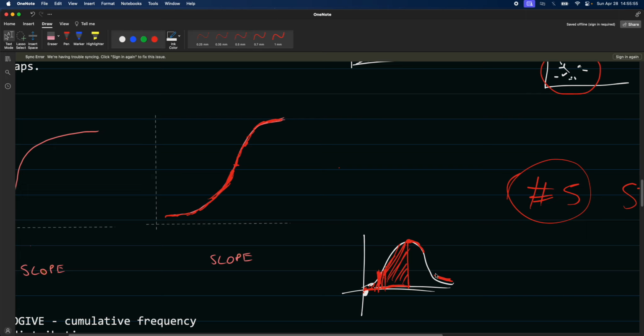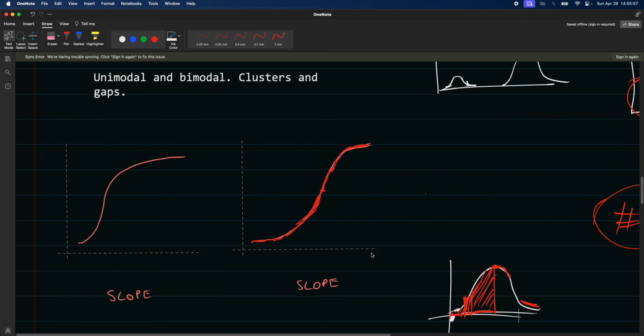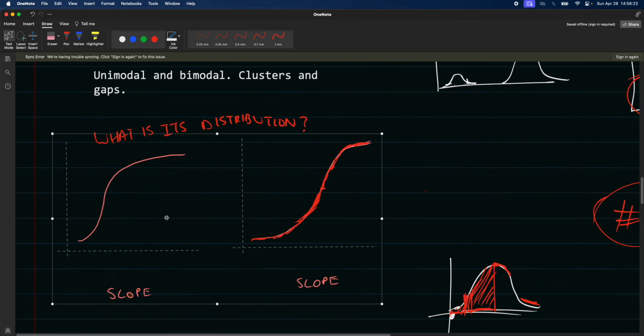To end this video, I'll just leave you with the question: given this ogive, what is its distribution? Okay, so that's the last question. And again, the best way to interpret an ogive is its slope.